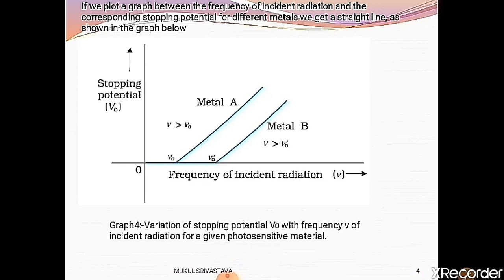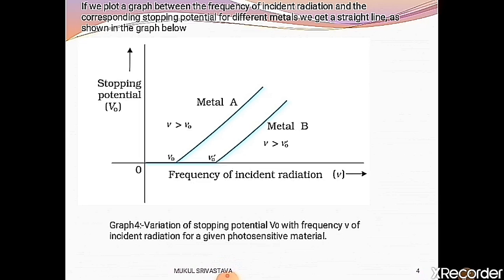Now if you take two photosensitive metals A and B, their corresponding cutoff frequencies are nu naught and nu naught dash. We find that there is a certain minimum cutoff frequency nu naught for which the stopping potential is 0. That means for this frequency nu naught for metal A, the stopping potential is 0.